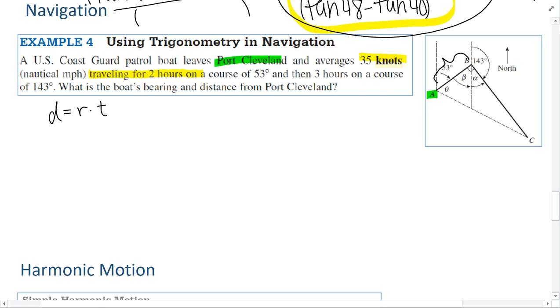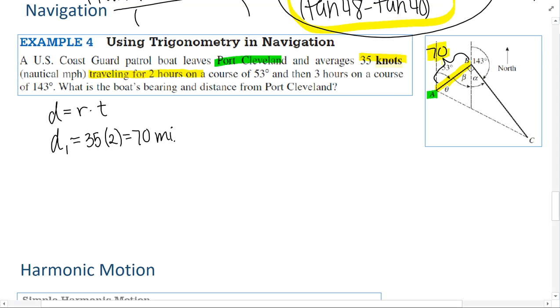This distance is going to be the speed, the rate, times the time. So that distance, I'll call it D1, is the rate of 35 nautical miles per hour, 35 knots, times 2 hours, which is 70 miles. So this is 70 miles.